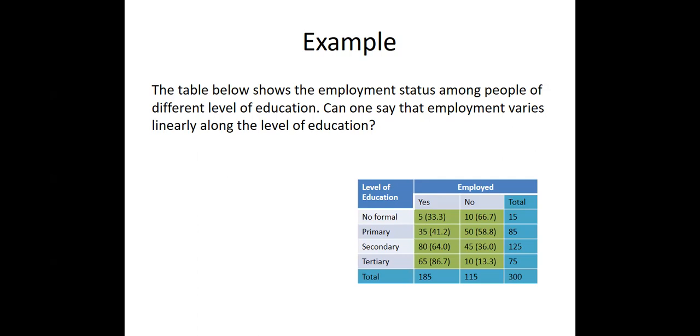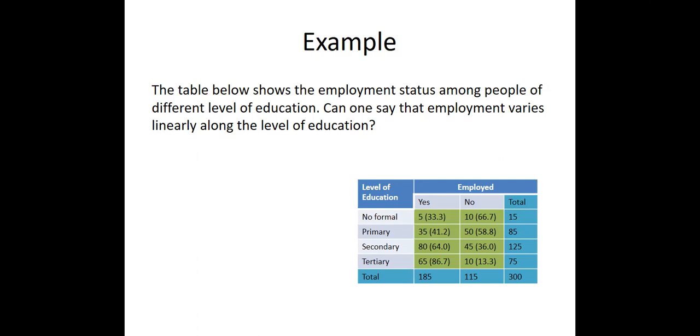Out of the 15 people that have no formal education, 5 were employed, which is 33.3%. For primary education, 41.2% are employed. For secondary, 64%. For tertiary, 86.7%. You will see that the percentage of employment increases as you climb the educational hierarchy.